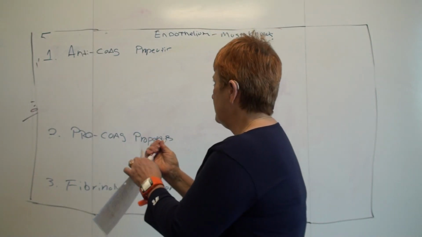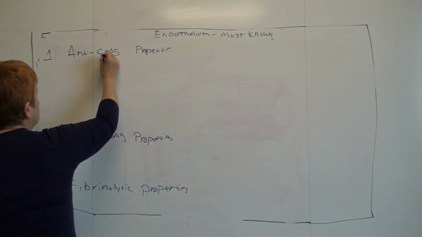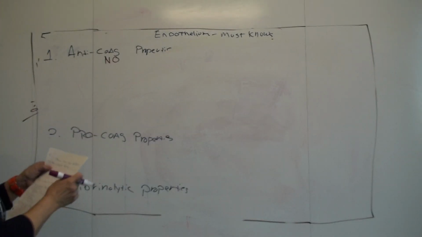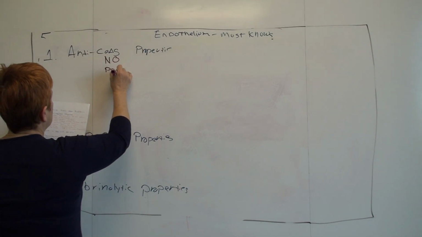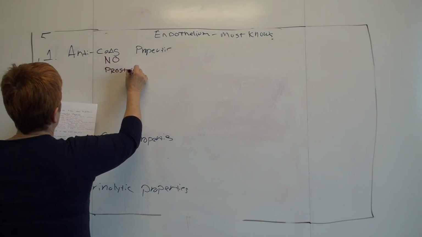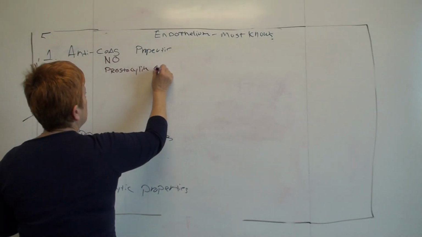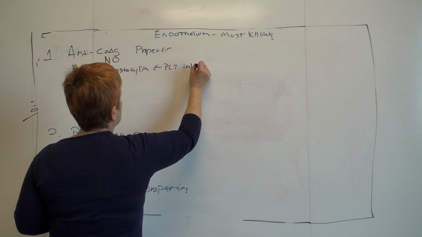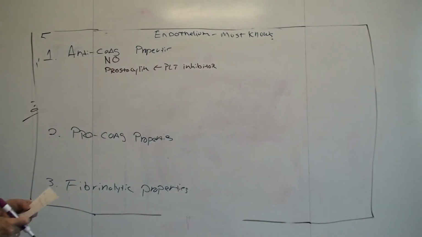All right, so some of the anticoagulant properties we already talked about were nitric oxide, and we also talked about prostacyclin. Okay, this is a platelet inhibitor. Just remember, platelet inhibitor. Okay.